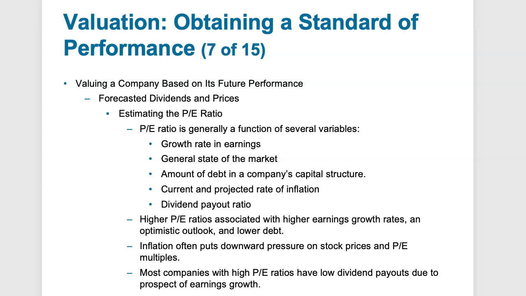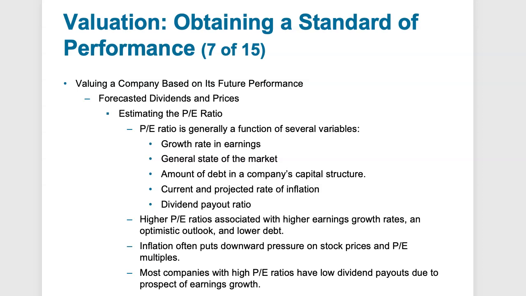So inflation, like I was saying before, will put pressure on stock prices and PE multiples to go down. And most companies with high PE ratios typically have lower dividend payouts due to the prospect of earnings growth. So let me just explain that. Although it's true, some companies who pay higher dividend payout ratios will push up the stock price and push up the PE multiple.